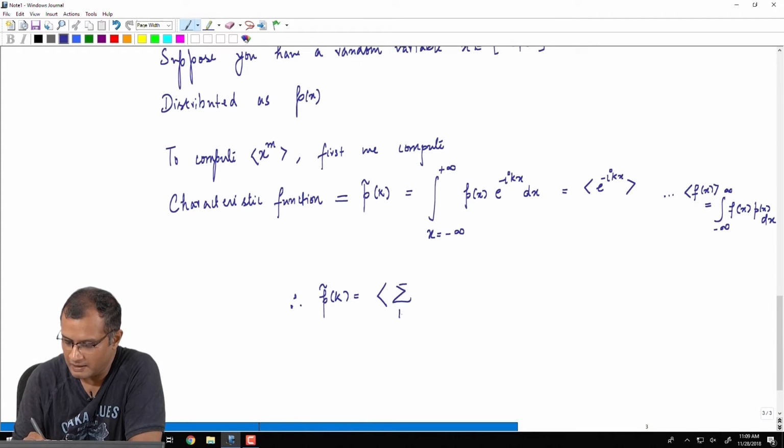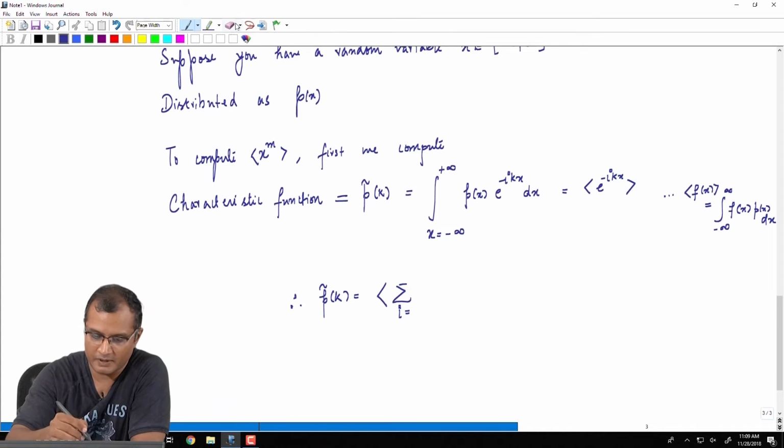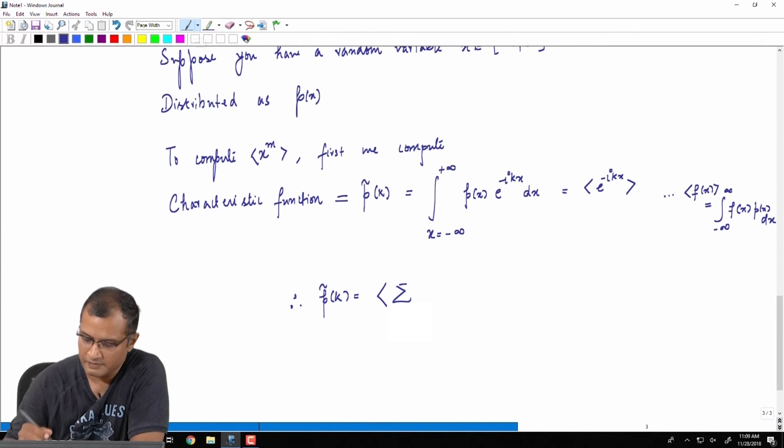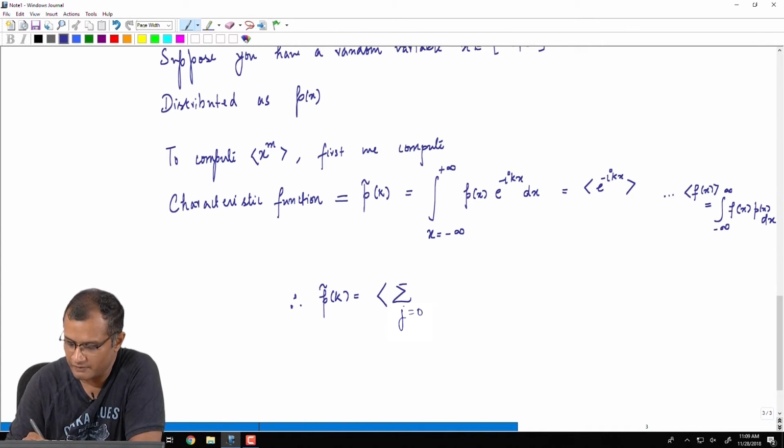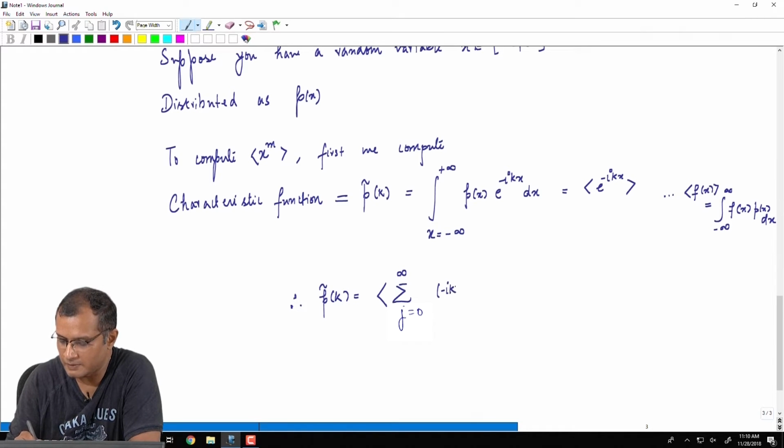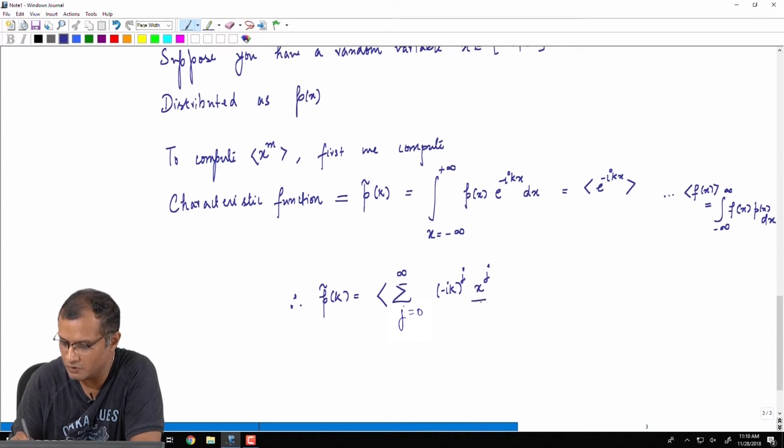Therefore, I can write down P of k as the summation, let me change the variable here, j equal to 0 to infinity, of (minus ik) to the power j, x to the power j over j factorial.